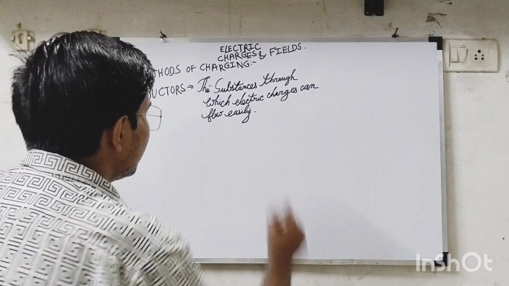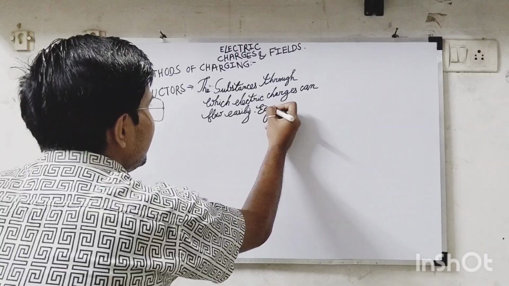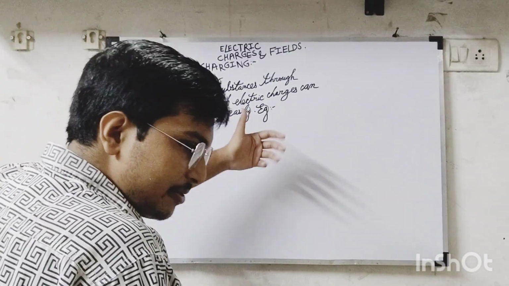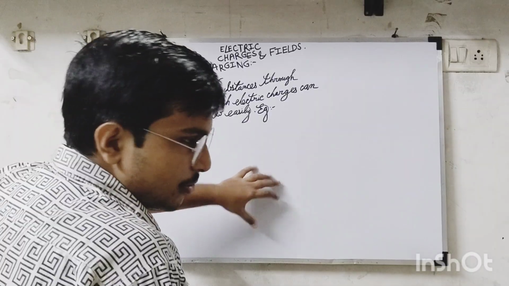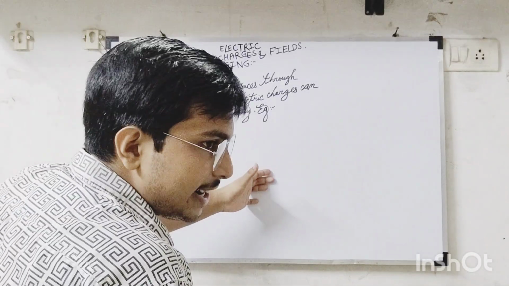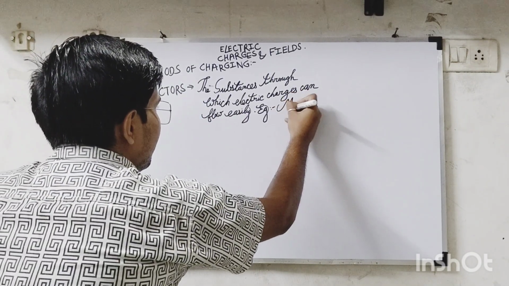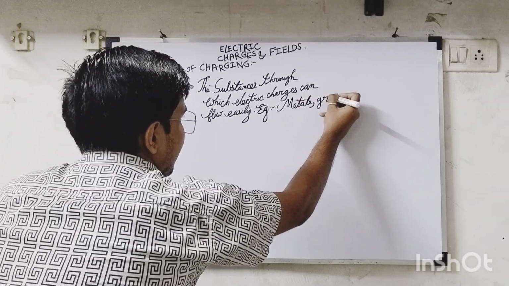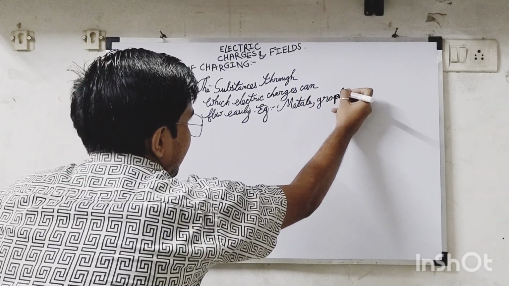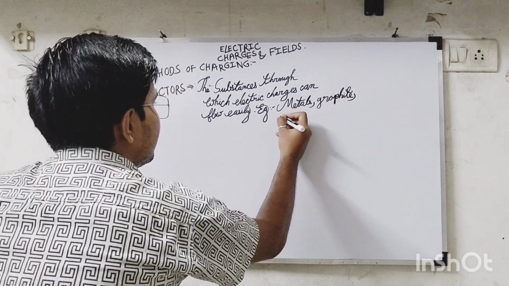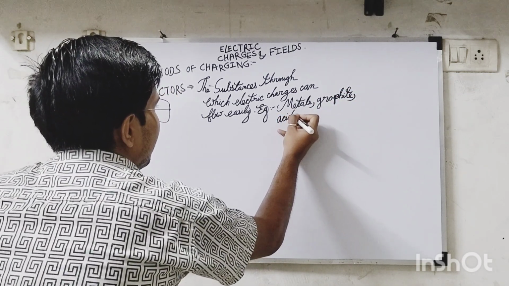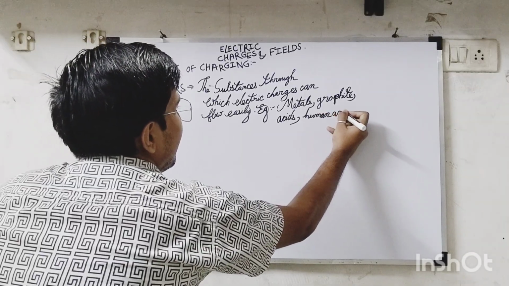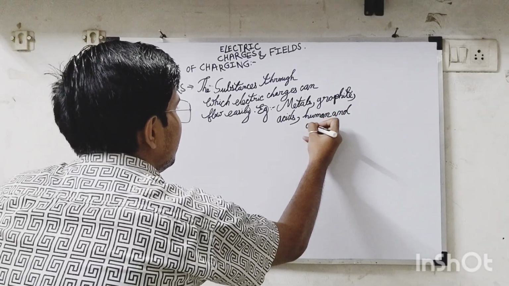Examples: please write down what I am writing on the board, in your rough book, so that when you revise you can recall it in your mind. Metals, graphite, acids, human and animal bodies.